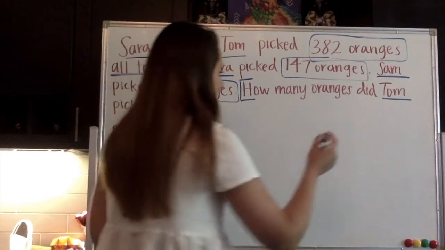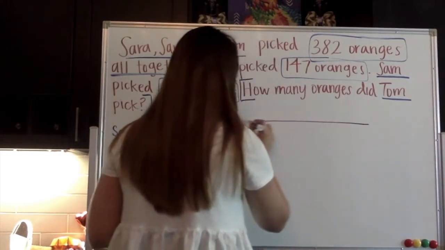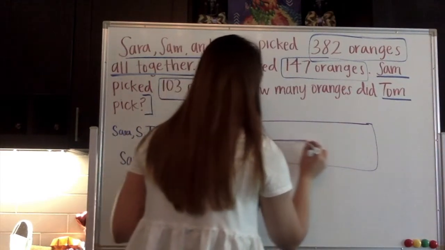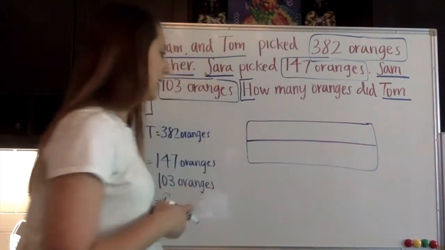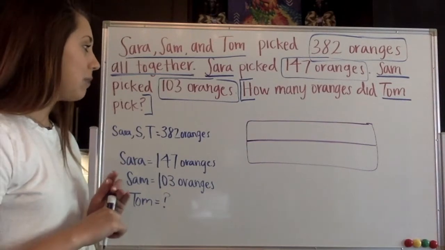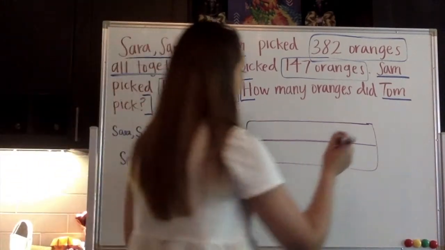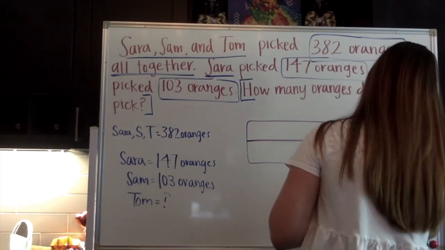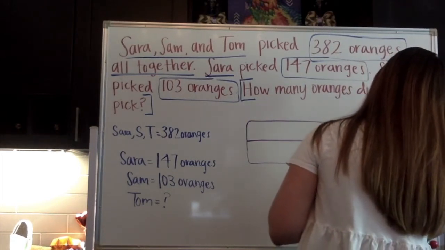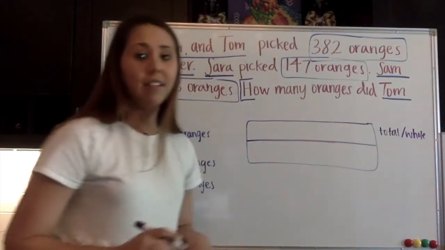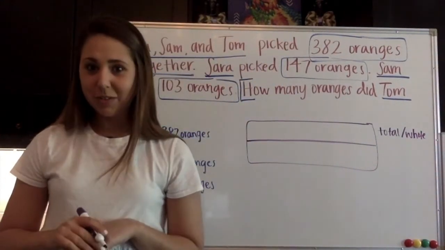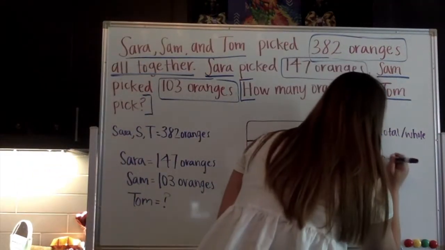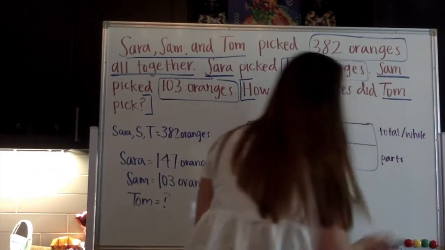So remember, in a strip diagram, you have something that looks like this. Now, I want us to put our total on top. So this is going to be our total or our whole. And if this is our whole, that would mean we would break the bottom into parts. So these are going to be our parts.